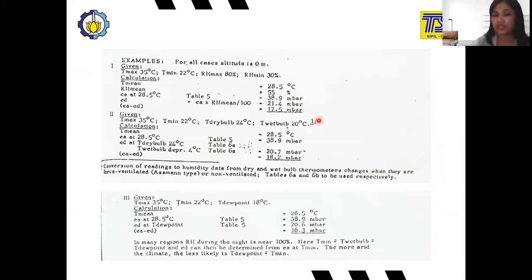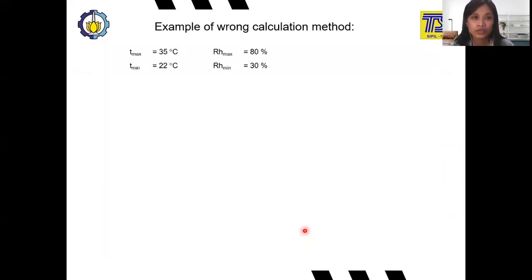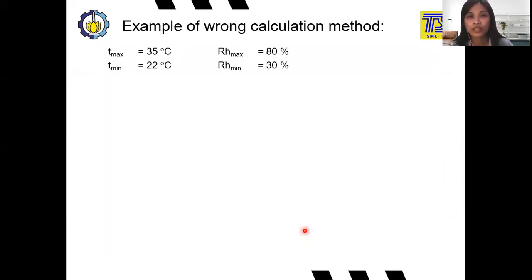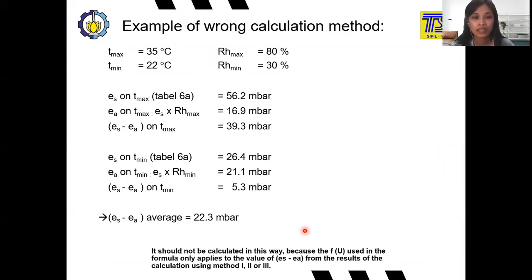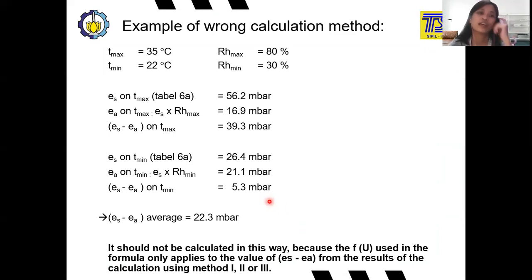You can use one of these three methods, but there is one method that you cannot use. Here is an example of a wrong calculation method. Here we have the maximum and minimum temperature, and here we have the maximum and minimum relative humidity.